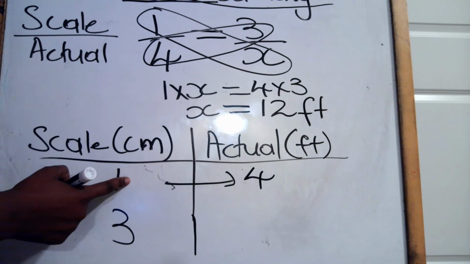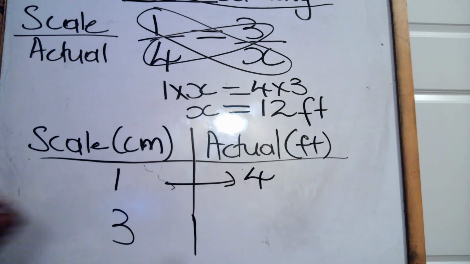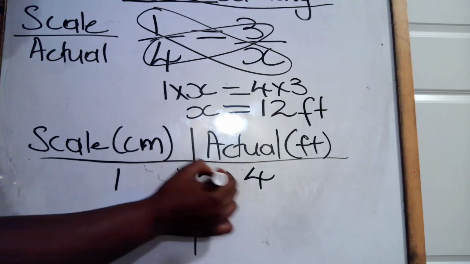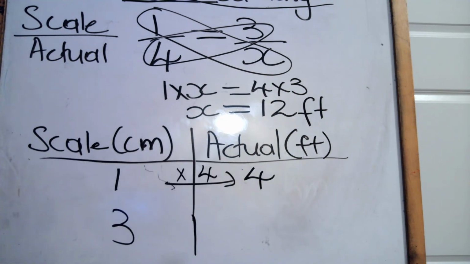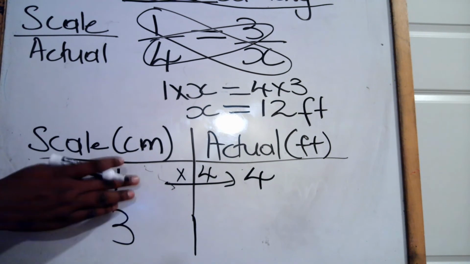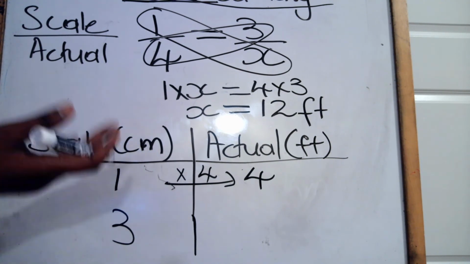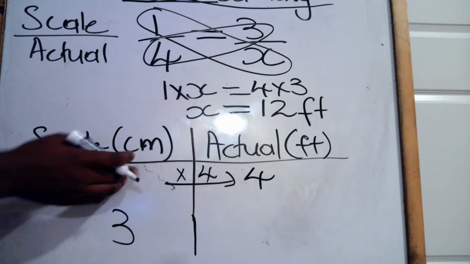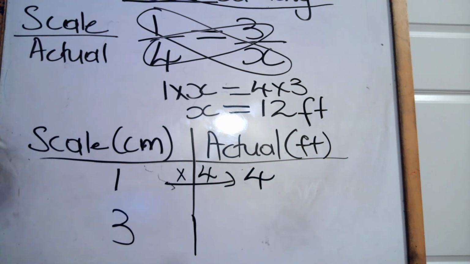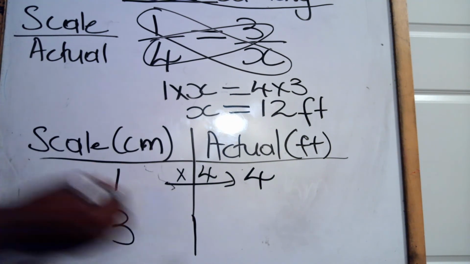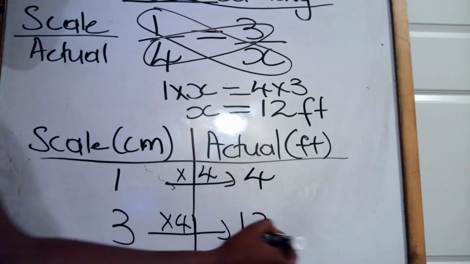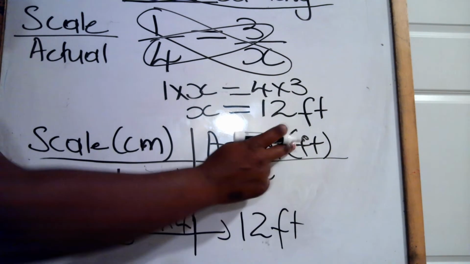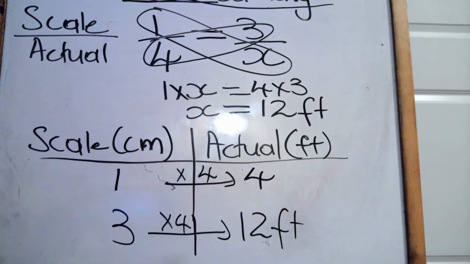So what did we do to 1 to get 4? Obviously, we multiplied by 4, because 1 times 4 will give us 4. Because scale drawings are proportional, anything we multiply this scale by, we have to multiply the other side by as well. So we multiply 3 by 4, which is going to give us 12 feet. And we know it's feet because I put my units there. So that will give us 12 feet.